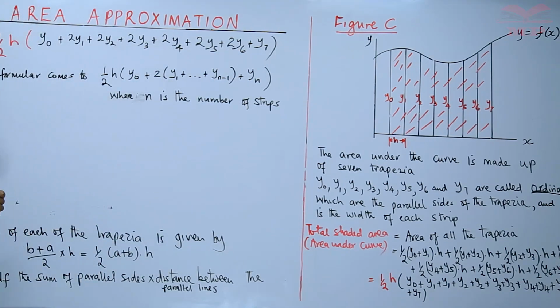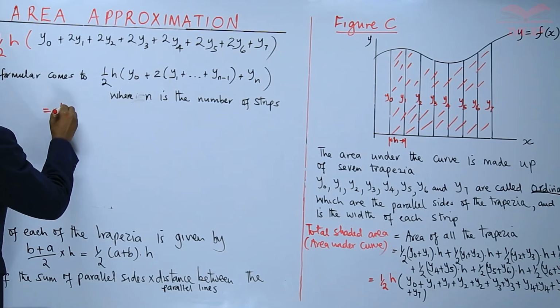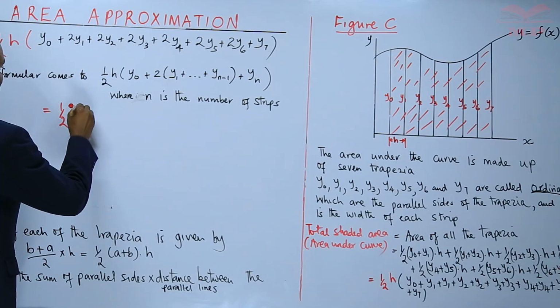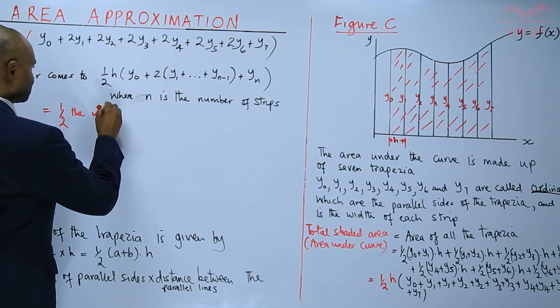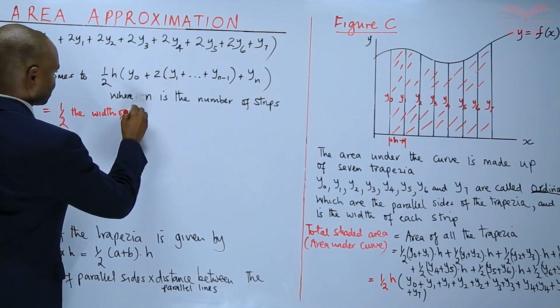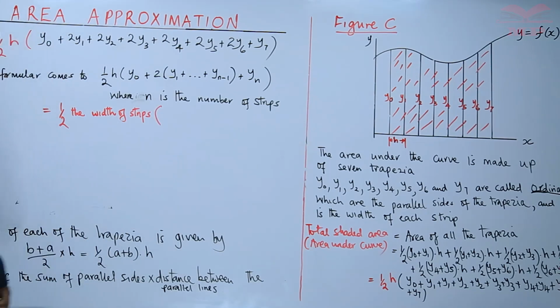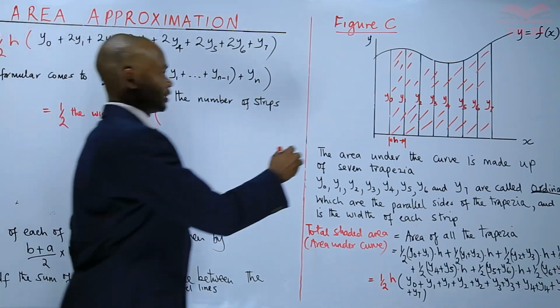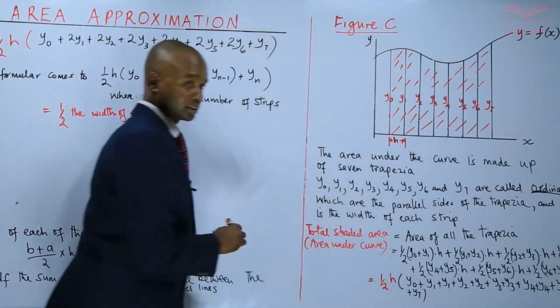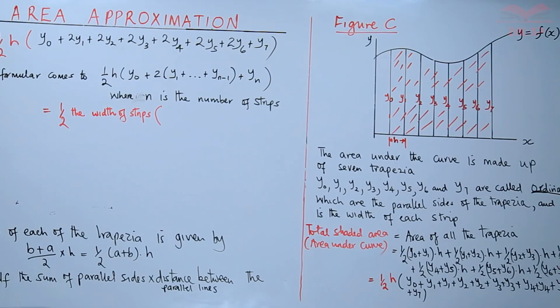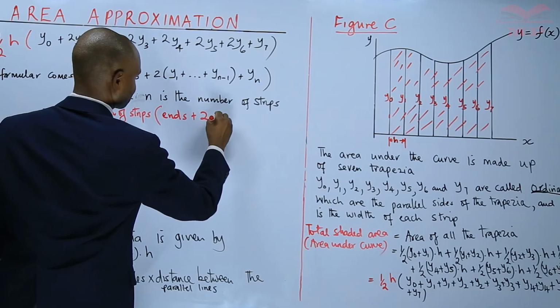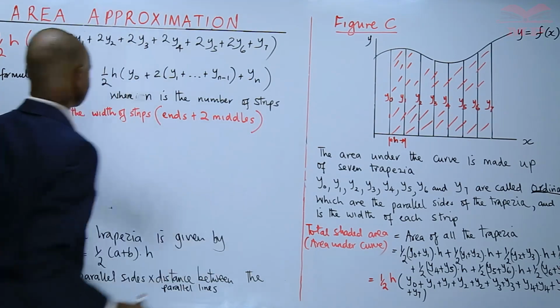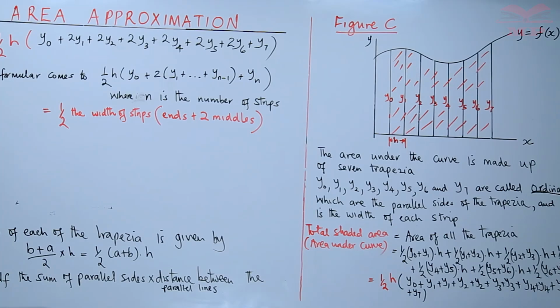So you can also say it is equal to a half the width of strips into brackets: the beginning, the ends, plus twice the mid-ordinates.